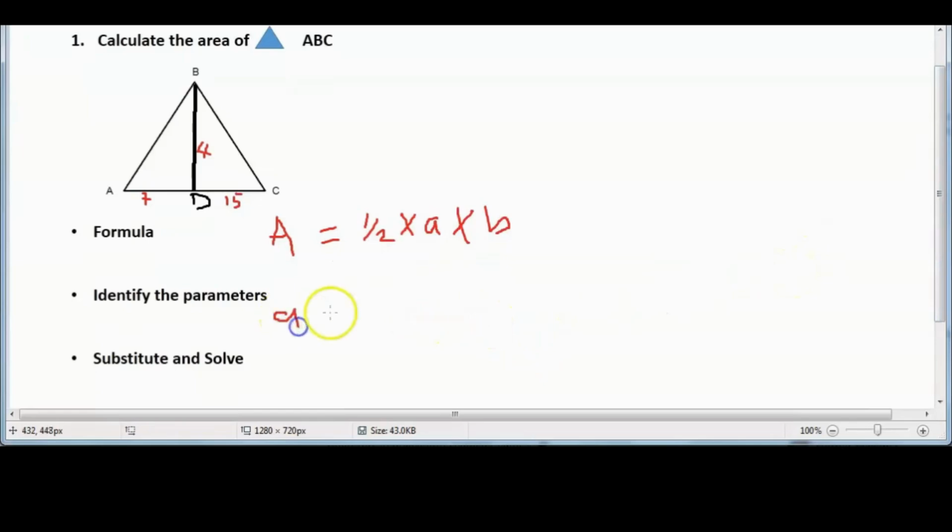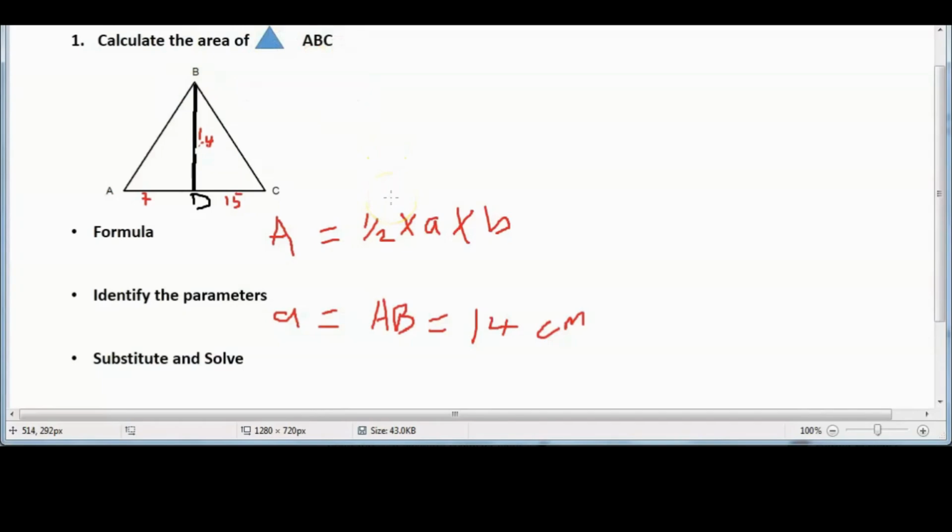A is equals to AB, is equals to 14 centimeter. That's one of the sides. It's supposed to be 14. That was a mistake. Okay. Good.